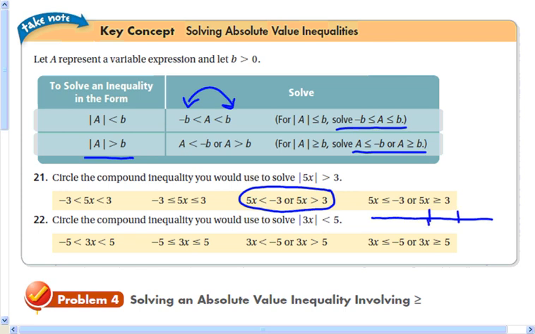If we put 5 here, and we put negative 5 here, 3 times x has to be somewhere in that area with an open circle on both ends to be less than 5 units from 0, which means 3x is greater than negative 5, and at the same time it's less than 5. So that would be this inequality here. All right, so let's try a couple of those problems.